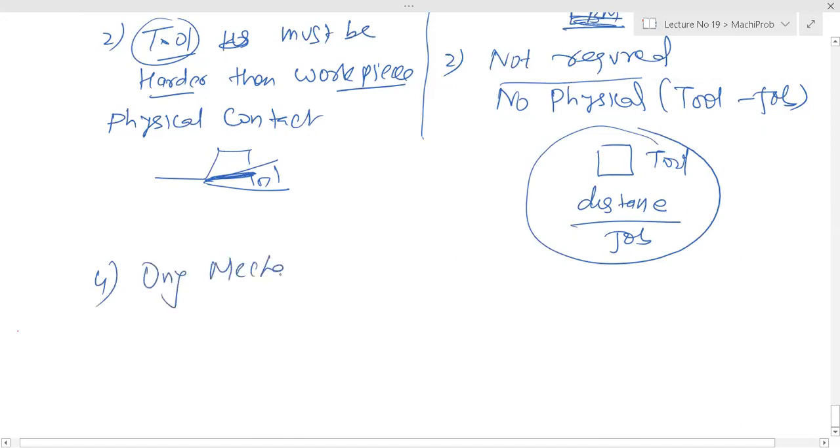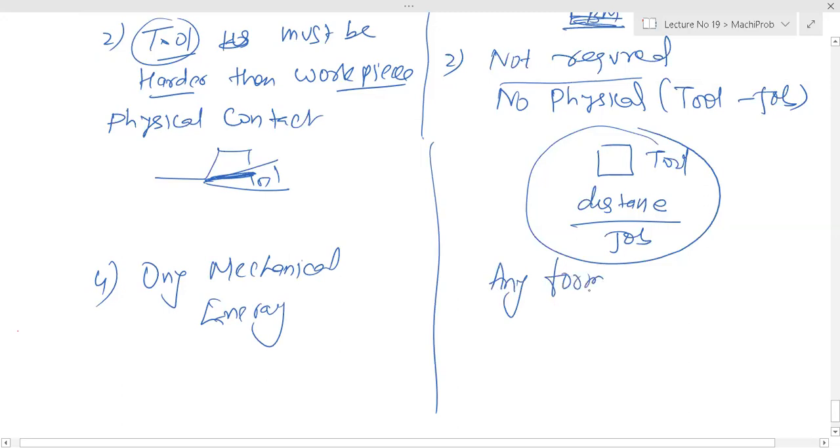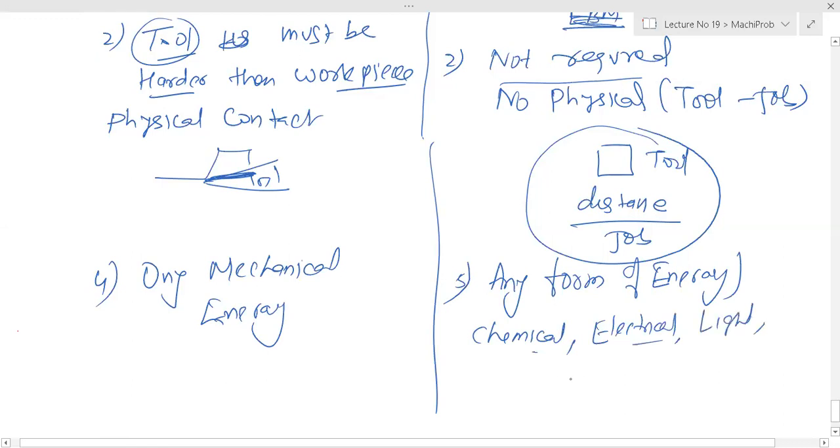Here it is any form of energy, whether it is thermal energy, kinetic energy, electrical, chemical, or light energy, arc, electrical energy, anything.